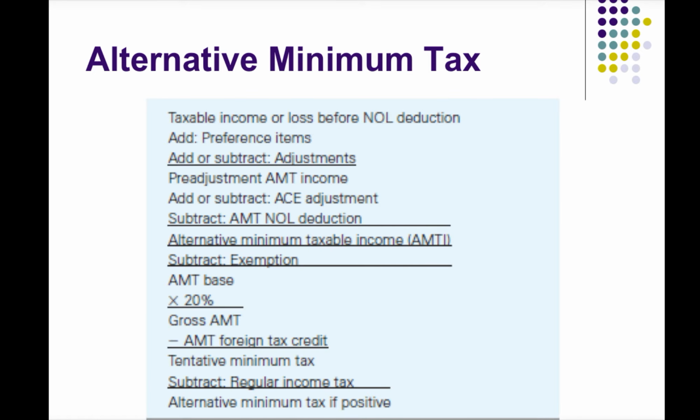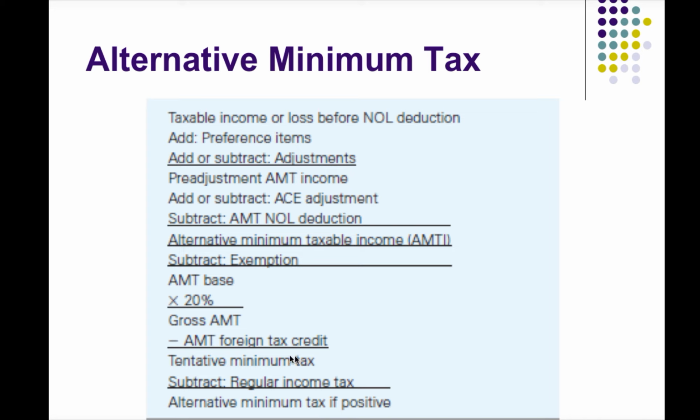If you qualify for this exemption, you add that back in, and basically that's just if you're a small corporation. And that gives you your base. Multiply that times 20%. That gives you your gross AMT, which unless you're a foreign corporation is also your tentative minimum tax. And then anything you've already paid in income tax is subtracted out, and that leaves your alternative minimum tax.